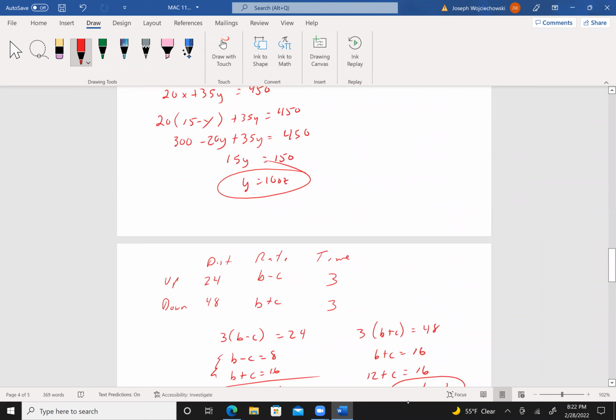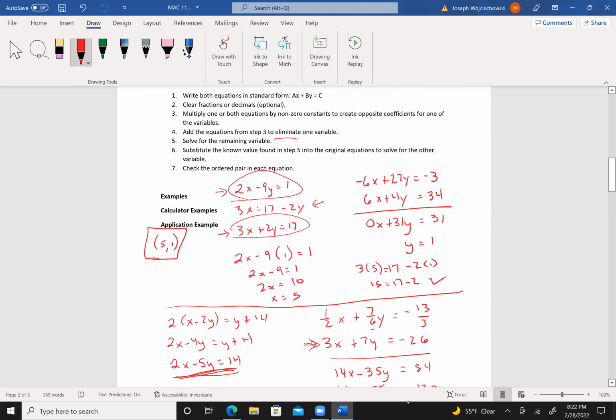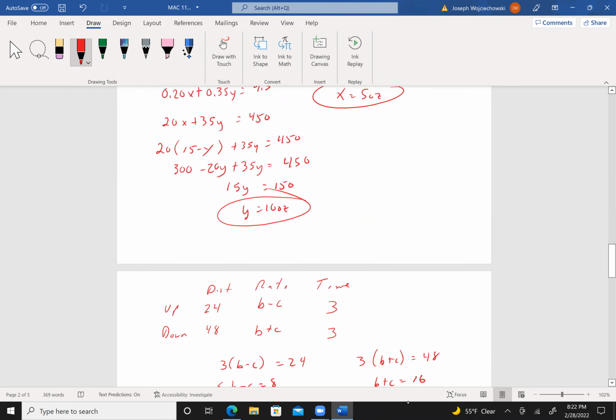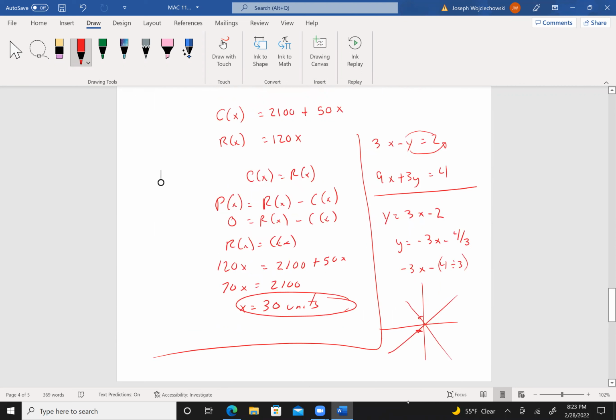Did we have an intersection? Do I have the wrong equations? Yes, I do have the wrong equations. So I get 3x minus y equals 2.